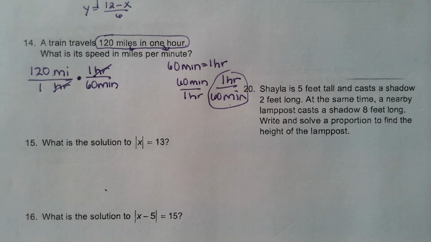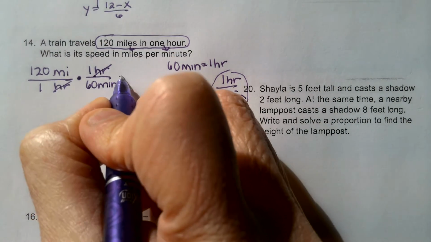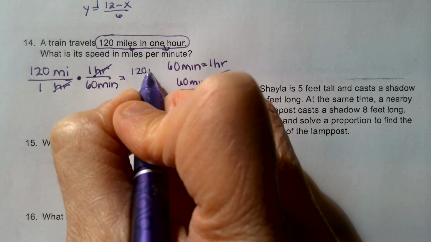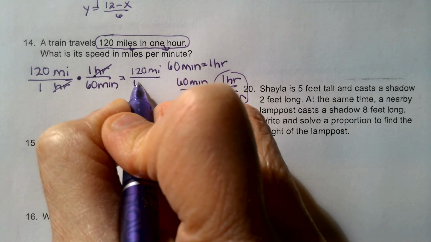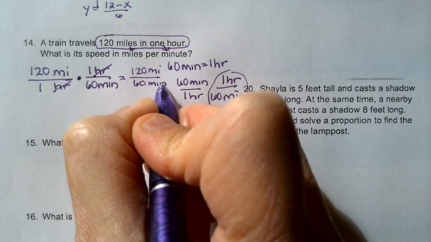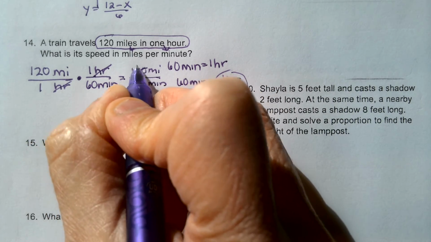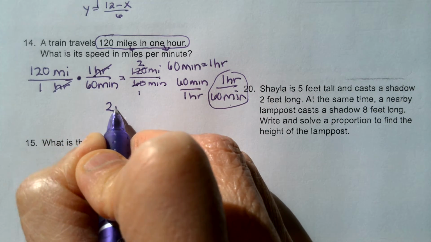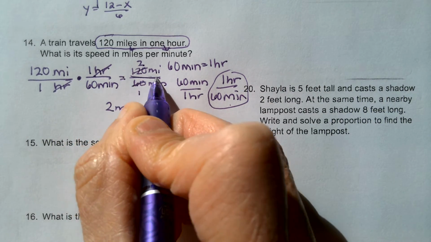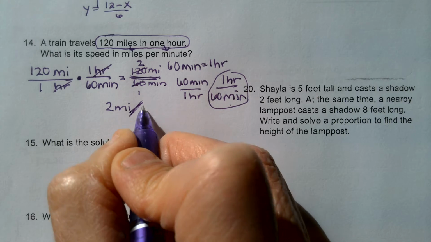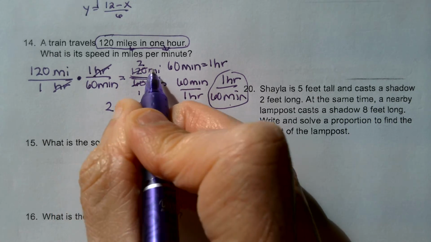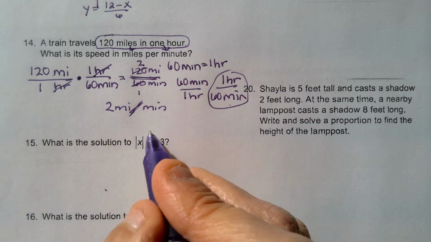Fantastic. My hours cancel. And I'm left with 120 miles per 60 minutes. And we know that 120 over 60, could have reduced it there as well, is 2. So 2 miles per minute. Or you can write it as a fraction. That's fine like that too.